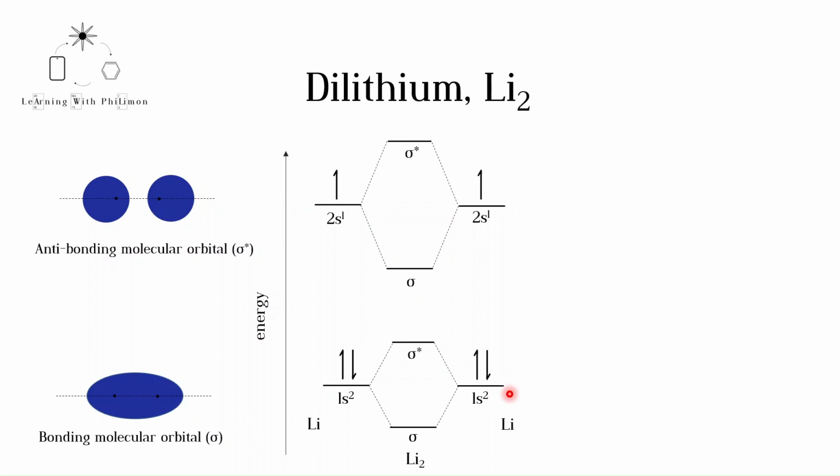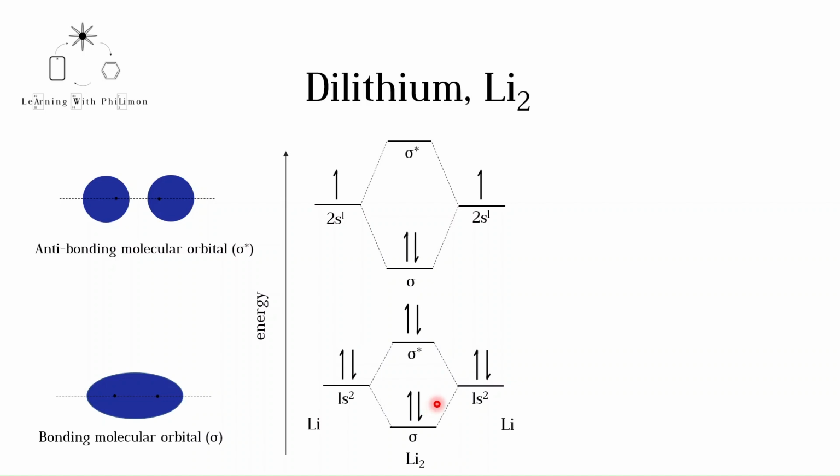According to the Aufbau principle, electrons should fill the lowest energy orbitals first. We have 6 electrons available from the 2 lithium atoms. Starting from the bottom, we will fill these orbitals. 1, 2, 3, 4, 5, 6.